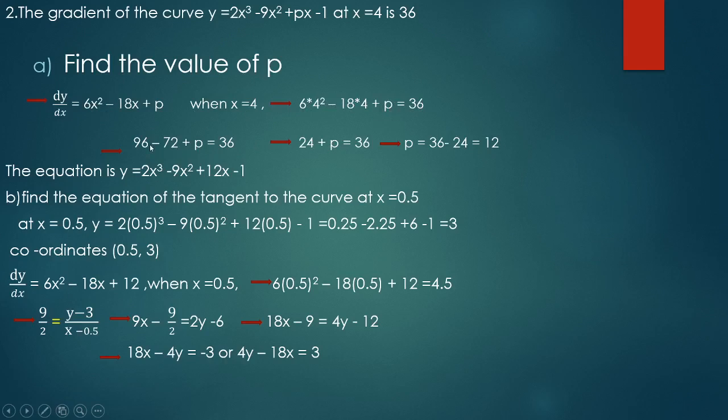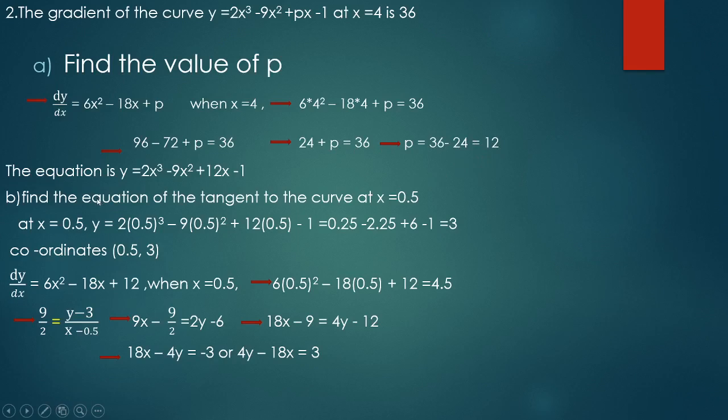So we shall have 96 minus 72 plus p equals 36. 96 minus 72 becomes 24, plus p equals 36. So p equals 36 minus 24, which is 12. So our p is 12.